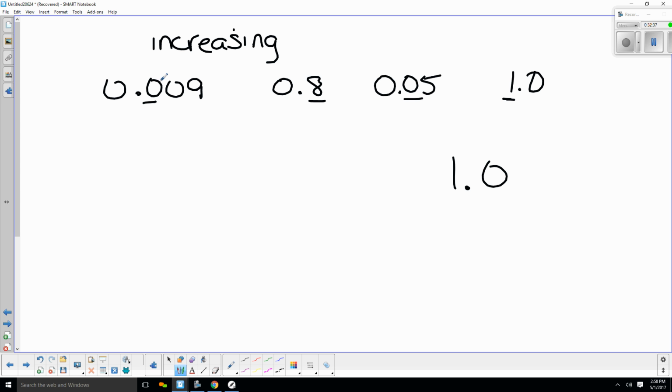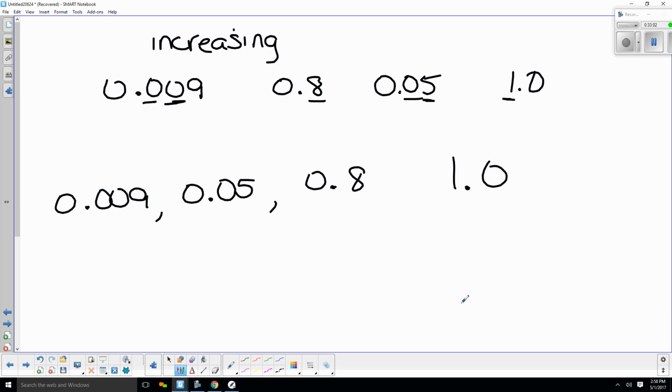These two are the smallest because they have 0. So I'm going to look at the 100th position, and that's a 0 and a 5, so we know 0 is the smallest. So that's the smallest. This is the second smallest because my tenths unit is still smaller. And then this was the only number that I had left. So now if I compare again, those are in order from smallest to largest. So that would be B.